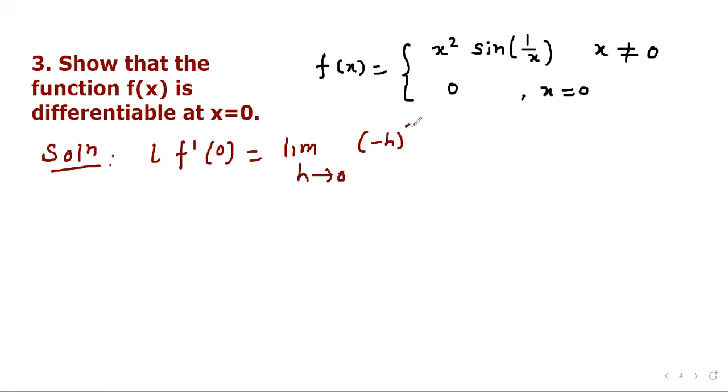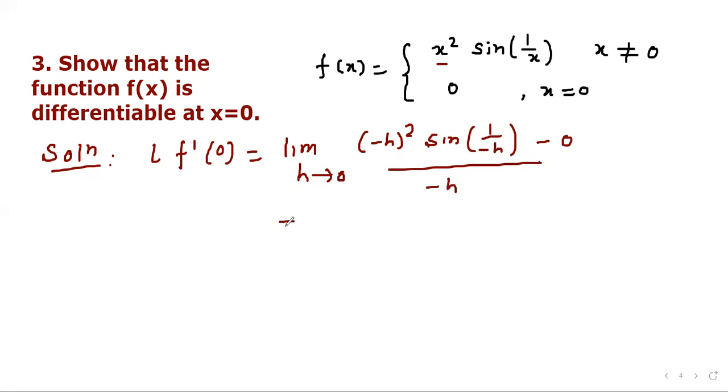So minus h square times sine 1 upon minus h minus f(0). Here, when we put directly 0, it will be 0, divided by minus h.